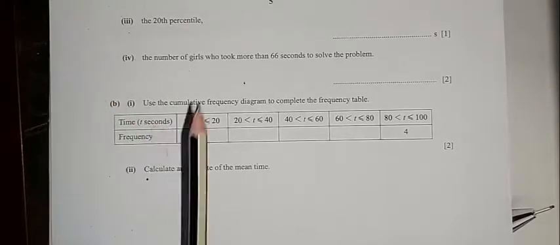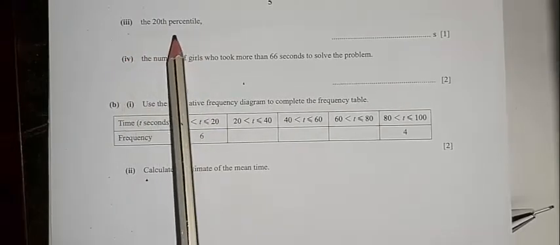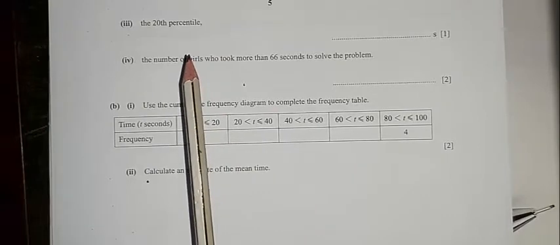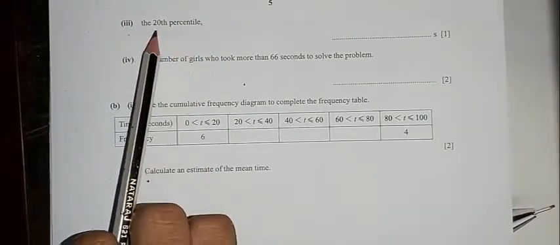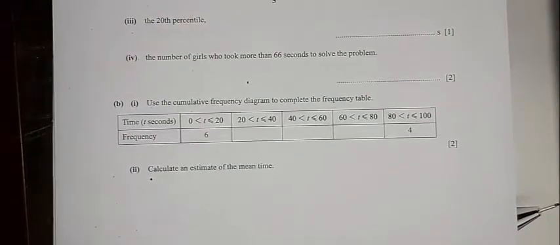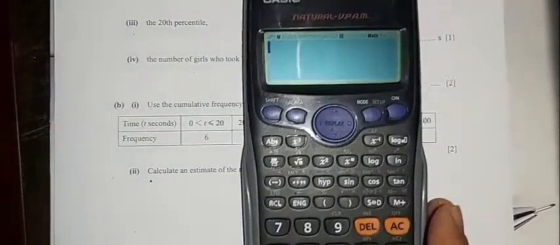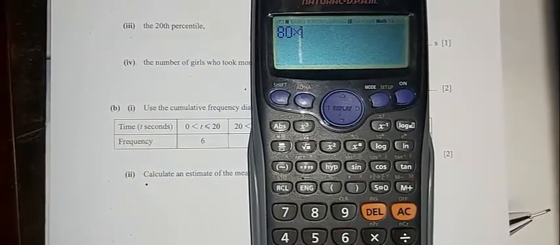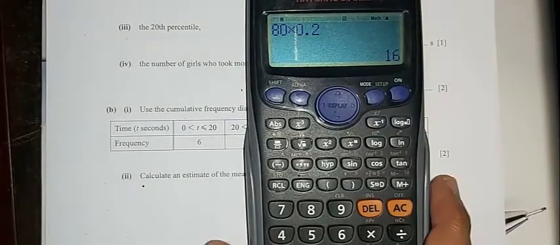In this part, you need to find the value of the 20th percentile. We already have the total number of girls as 80, so multiply 80 by 20%. We need to find the position of this 20th percentile first. So 80 girls times 0.2 equals 16.